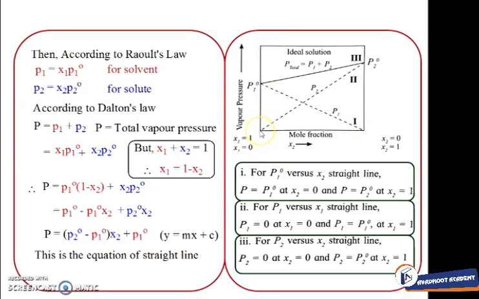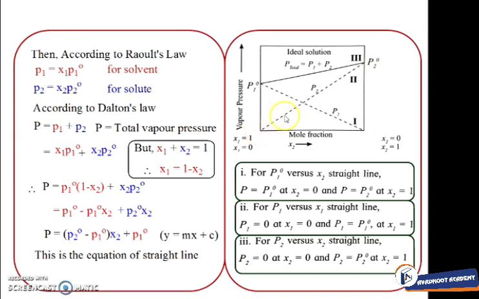Now here at this point, as the mole fraction of A2 is 0, as per the second equation, that is P2 is equal to x2 into P20, the value of P2 will be 0 because x2 is 0, and therefore at this point P2 will be 0.